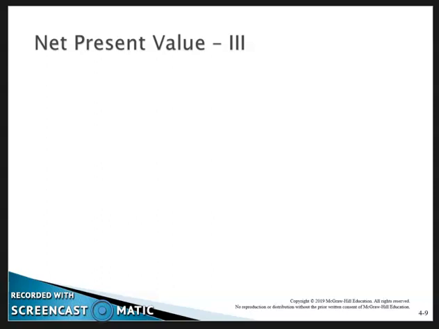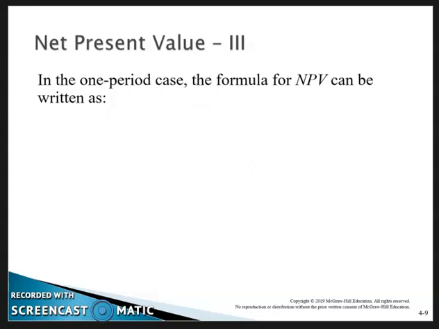Net present value, another example. In the one period case, the NPV formula can be written: the NPV is simply equal to the cost plus the present value, or the present value minus the cost, however you want to say it. It's easier for me to say present value minus cost, it just makes more sense to me.